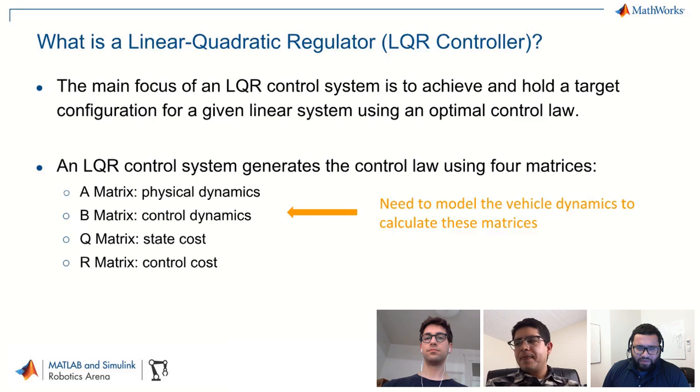Okay. So the LQR controller generates the control laws using four matrices. These are the A, B, Q, and R matrices. The A and B matrices basically are what model the robot's dynamics, physics, and anything related to the control dynamics as well. The Q and R matrices are more related to the cost.